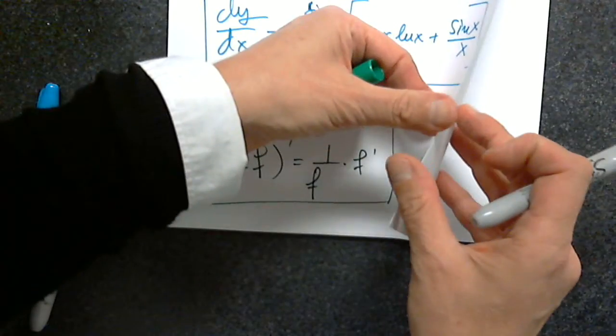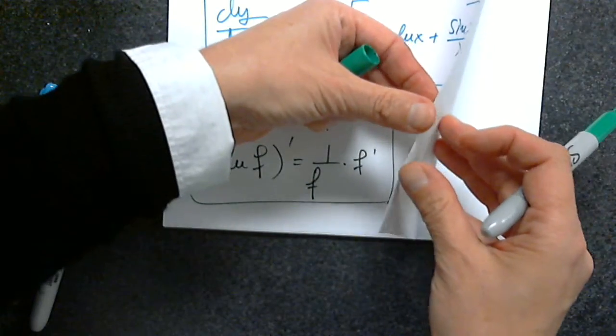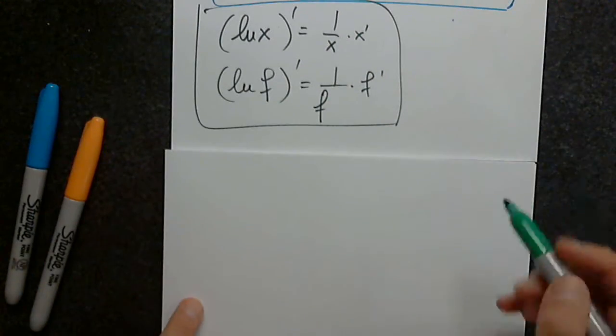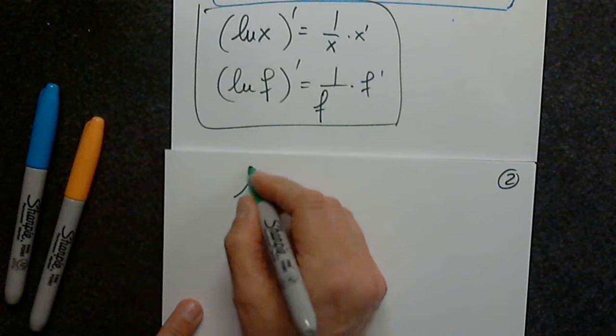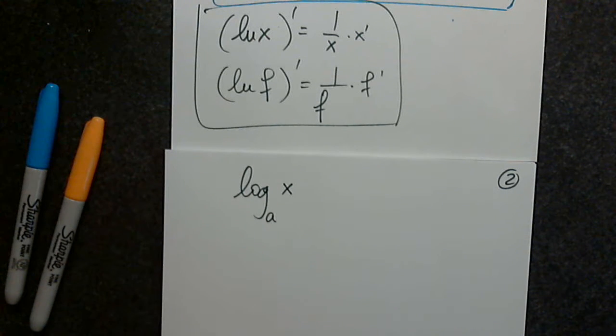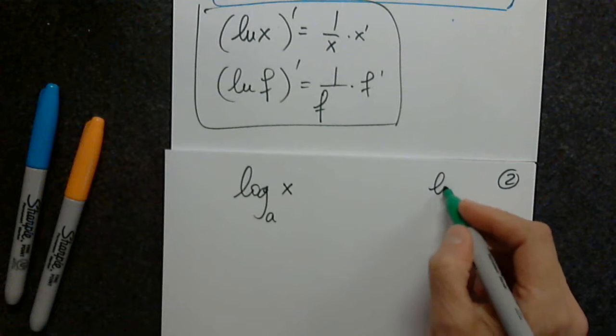Now, let's say we want to differentiate another log, but this time log base a of x. What is the base in natural log? E. What is the base here? A. But it's not E, because if it were E, I would have written natural log x.